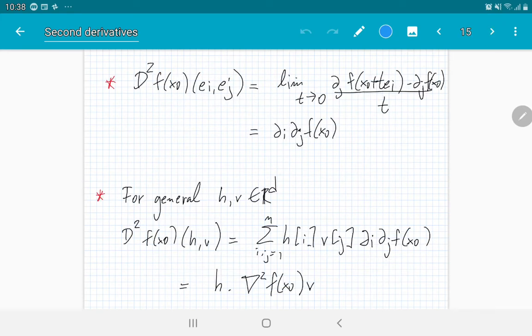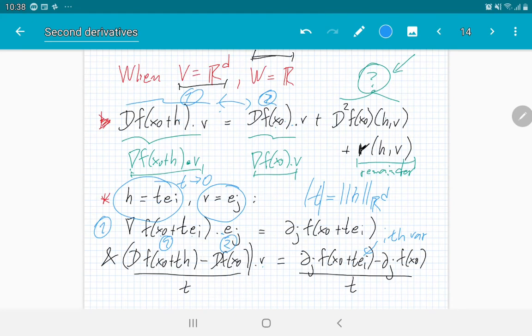And what do you get from this? I claim that in this term you get D^2 f(x_0) applied to e_i times h, with a factor of t in front.